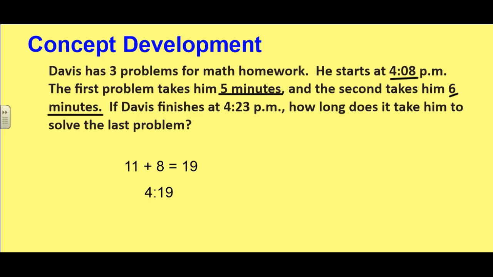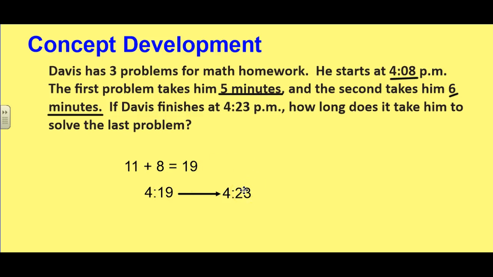So here we are at 4:19, and we know that he finishes at 4:23. So the problem that we're trying to figure out is how long did it take him to solve the last problem? So we're at 4:19 and we're trying to get to 4:23. So how many minutes did it take to get from 19 to 23?